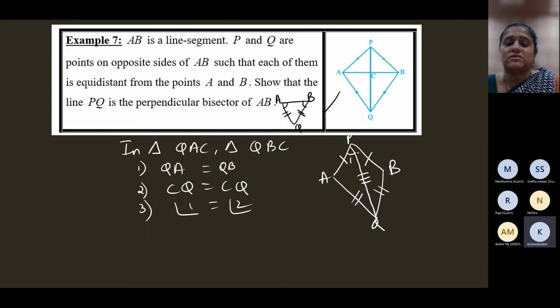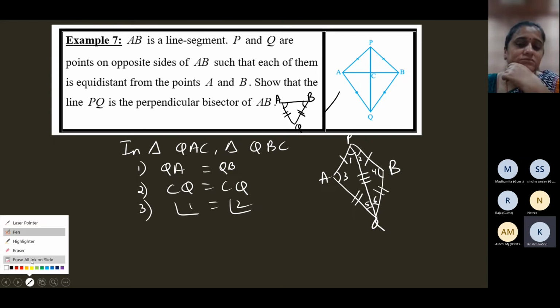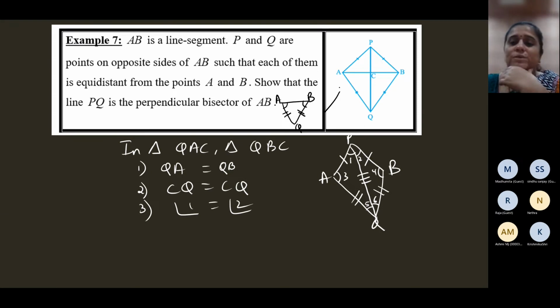I'll mark some angles. You tell me which you will write. Angle 1 is equal to angle 2, ma'am. Because we have taken these two triangles, we are going to show that these two triangles are congruent.